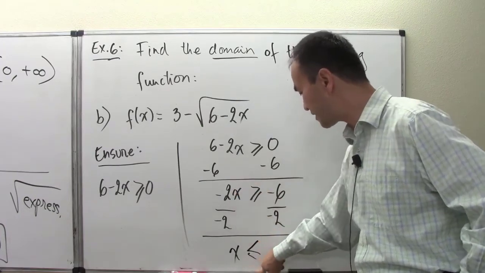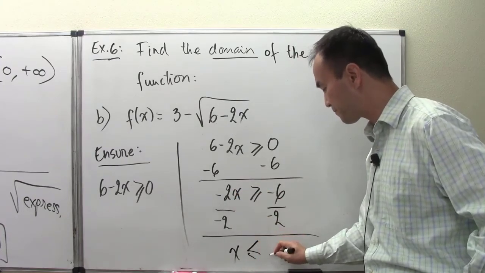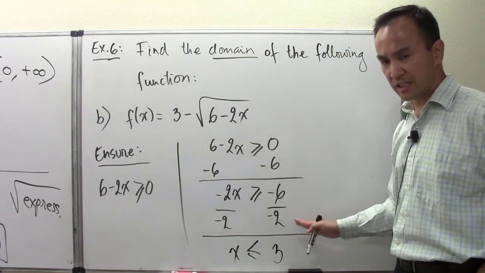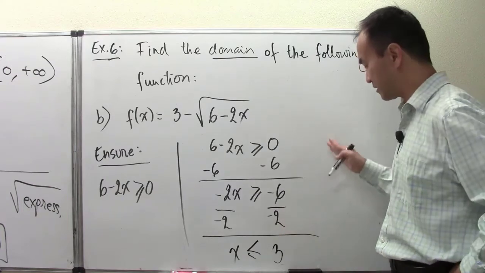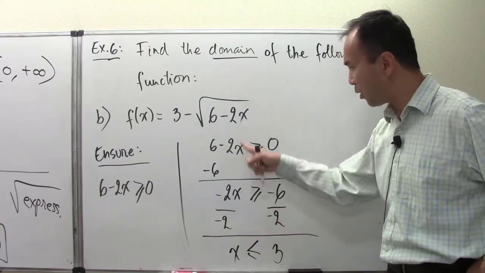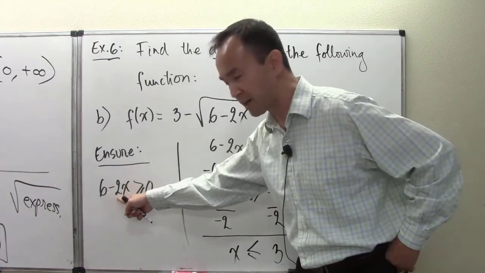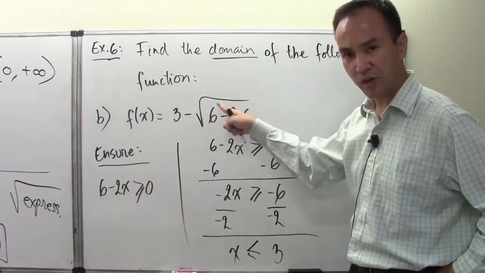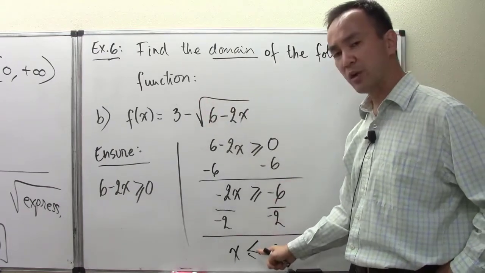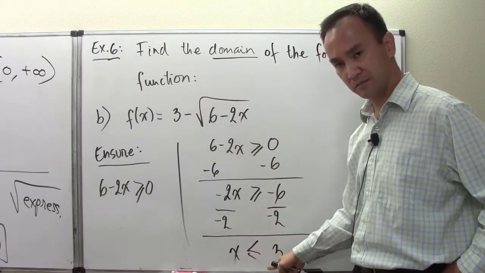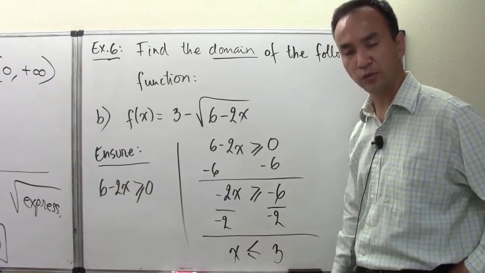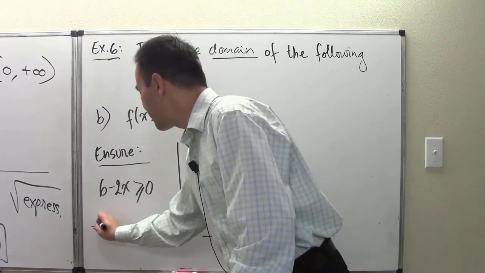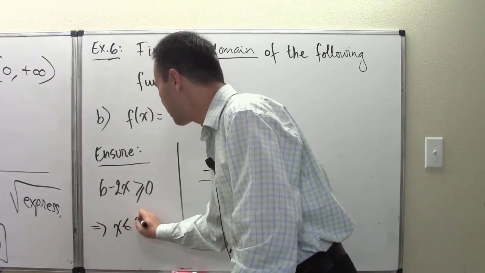So now it reads x is less than or equal to positive 3 again. I'm not going to show the demonstration here anymore, but in order to ensure 6 minus 2x is greater than or equal to 0, because that's the requirement for any expression inside the square root, we need x values less than or equal to 3.